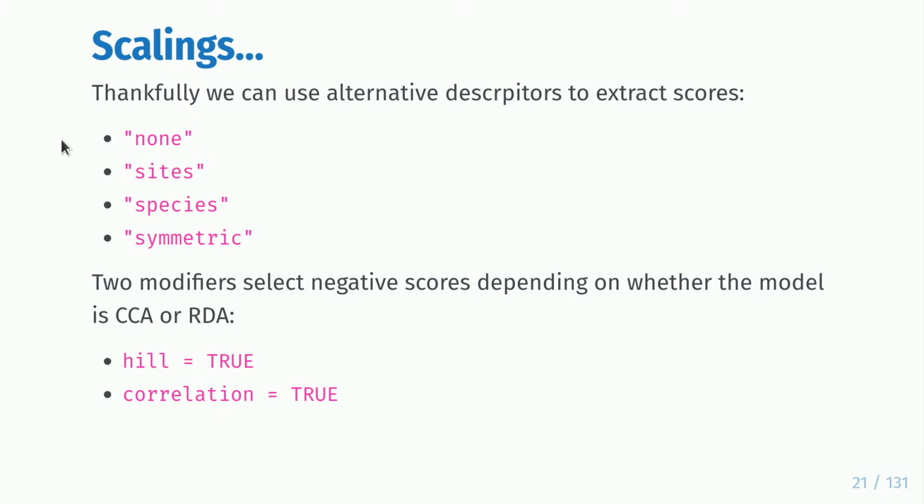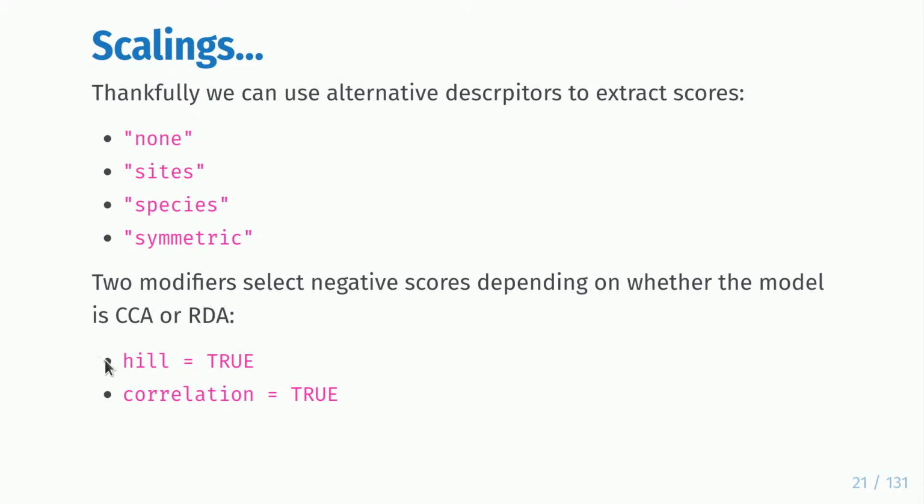So you could have no scaling, you could have focusing on sites, focusing on species, or have that symmetric scaling, which actually scales both and tries to be this optimal kind of scaling. And then there are two modifiers. So there's this argument called hill equals true, and there's an argument correlation, which is set to true. That will then get you those negative scores.